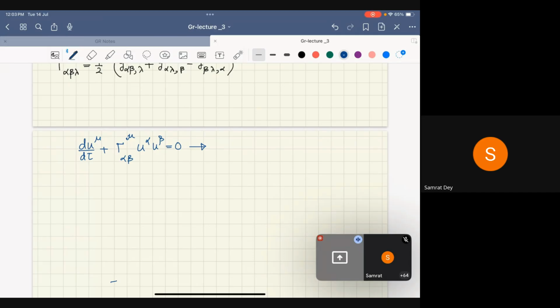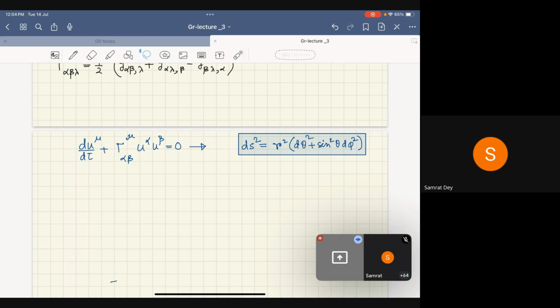Because suppose I give you a metric which is nothing but the metric of a two-sphere. This is the metric that I have written in the polar coordinate, but this still represents flat space time because the time part I have not taken care of here. So there is no way you can say that this is representing curved space time. It's just the metric of a two sphere.